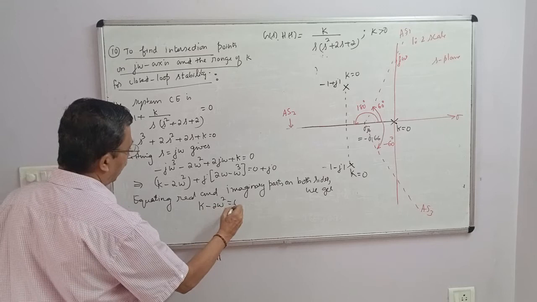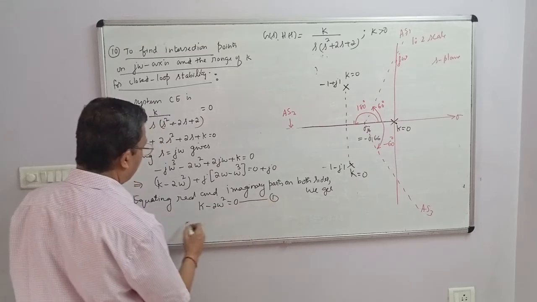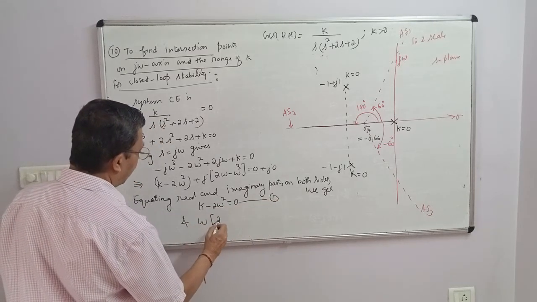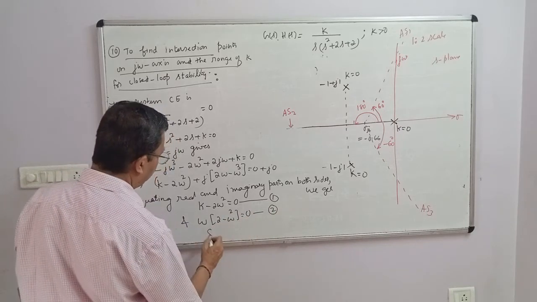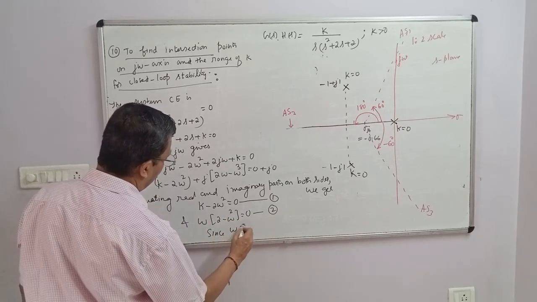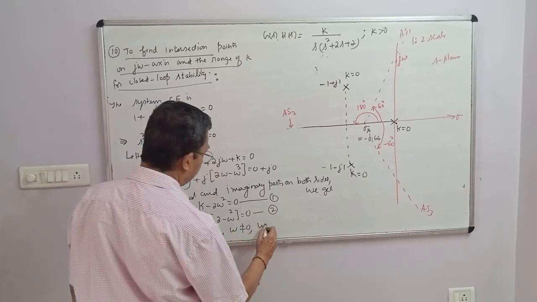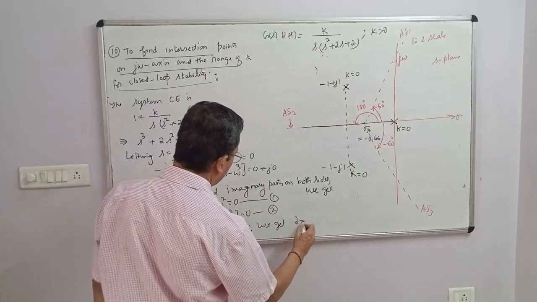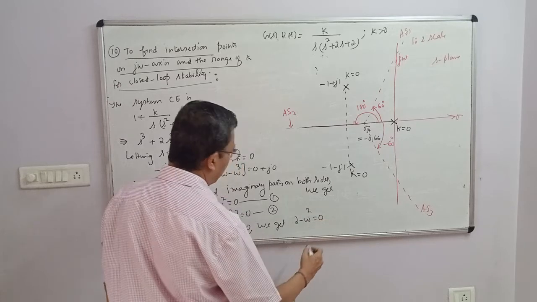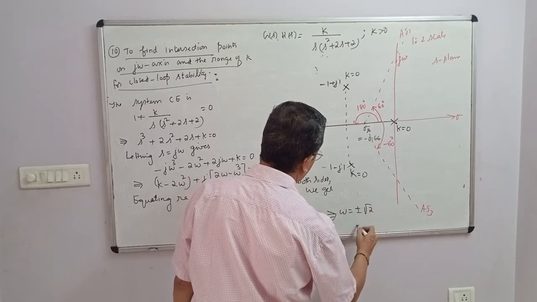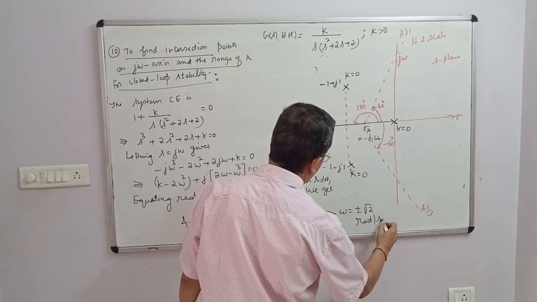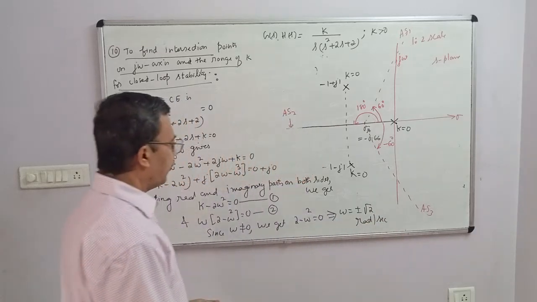k minus 2 omega square equal to 0 is equation 1, and omega into 2 minus omega square equal to 0 is equation 2. Since omega cannot be equal to 0, we get 2 minus omega square equal to 0. This implies omega is equal to plus minus root 2 radians per second.